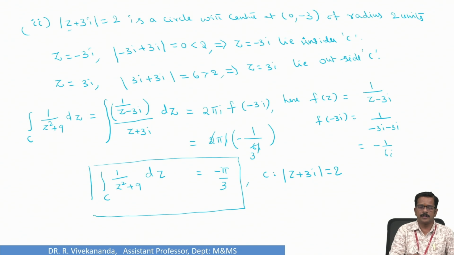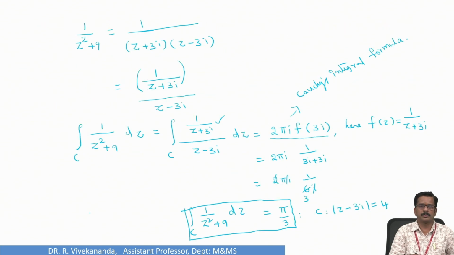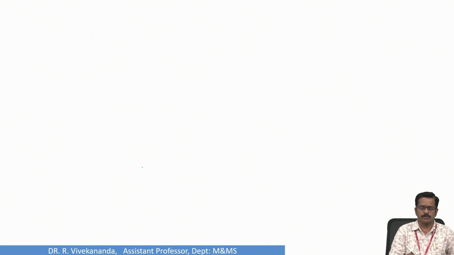This is the integration value with respect to the second question. So the last one, the third one, is mod z equals 4. Mod z equals 4 means a circle.